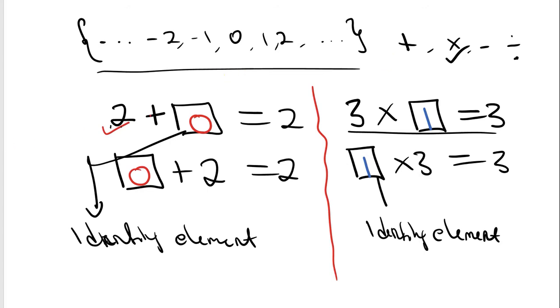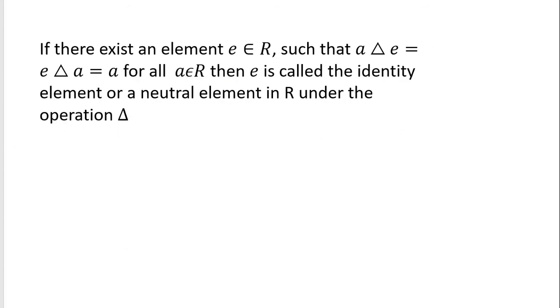So we are saying that mathematically, if there exists an element E, which is a member of the real number set, such that A operating on E, that is the identity element, is equal to the same E operating on A, and the result is equal to A for all A belonging to R, then E is called the identity element or a neutral element in R under the operation.